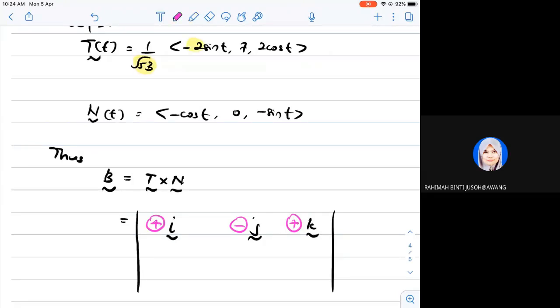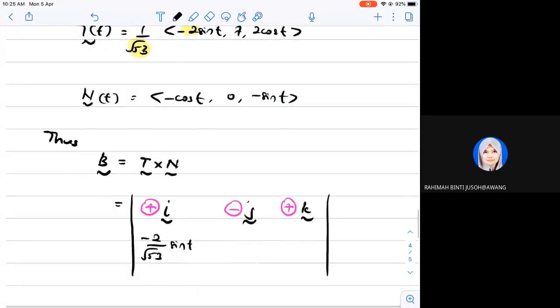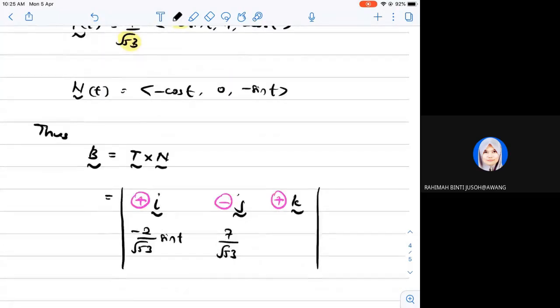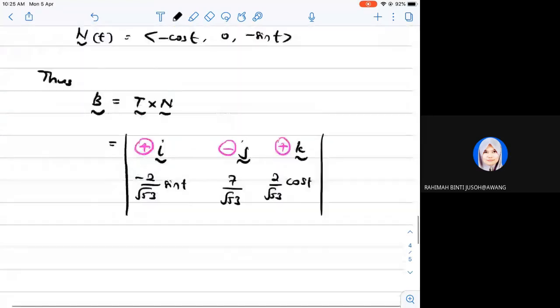Okay, so we will have negative 2 over square root 53, negative 2 over square root 53 sin t, okay, and then 7 over square root 53, and then 2 over square root 53 cos t. Like that. Okay, so that is the unit tangent vector.